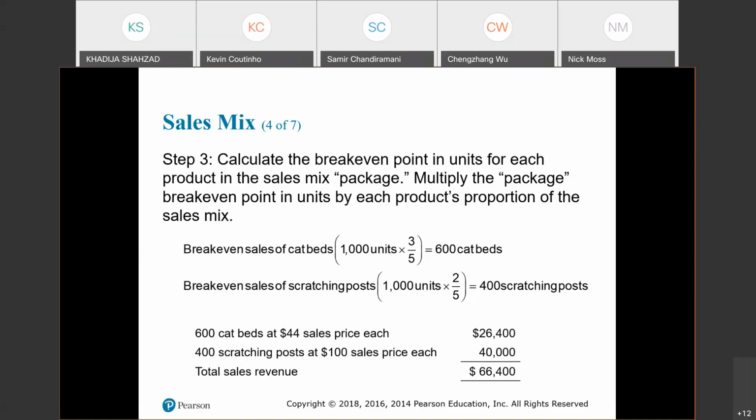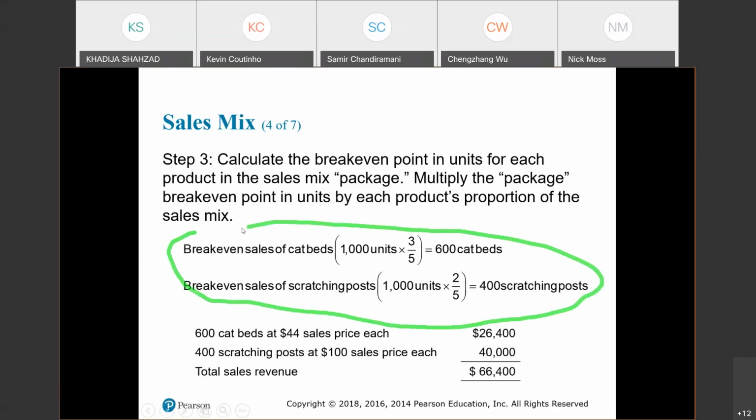Well, this is the break-even point expressed in terms of units: 600 cat beds plus 400 scratching posts.